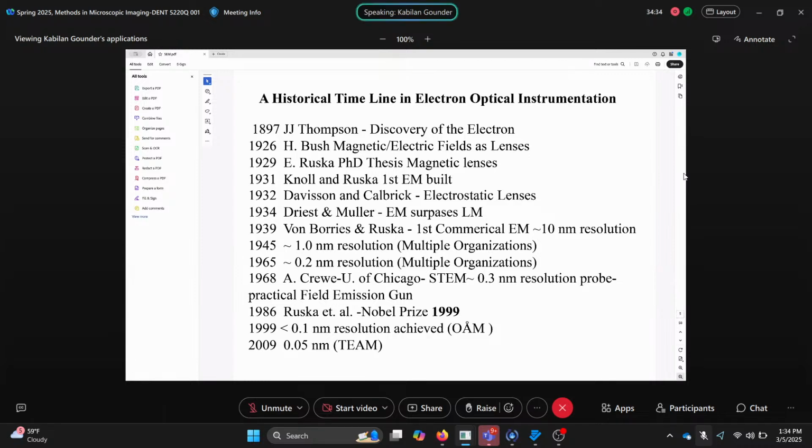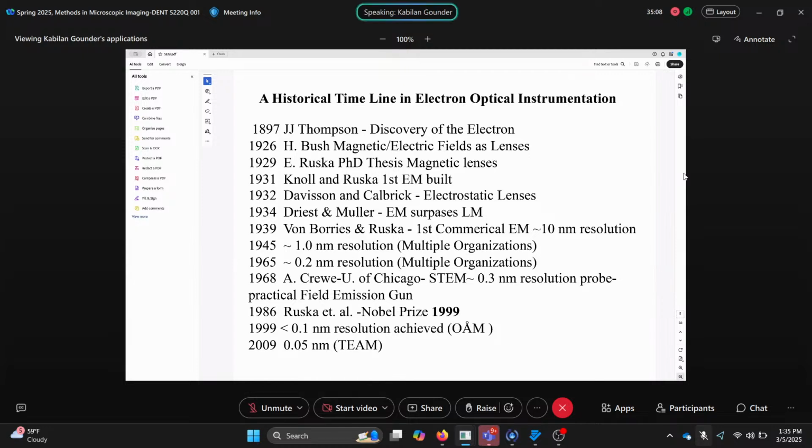After that, 0.1 to 0.2 nm resolution was identified simultaneously by different universities. In 1986, Crewe, from Chicago, developed a 0.3 nm resolution probe with a practical field emission gun.